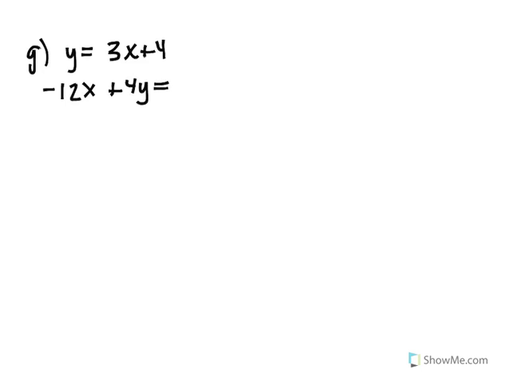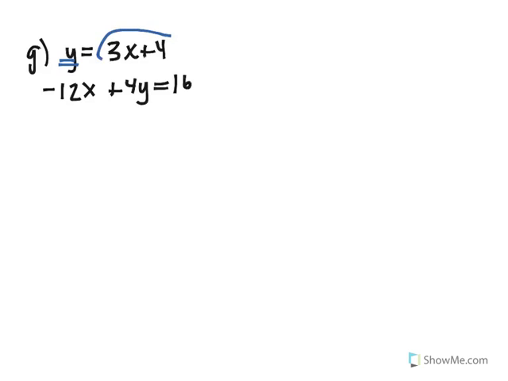And that is how you do problem F on your homework. Now, maybe you're having trouble with letter G, which is y equals 3x plus 4 and negative 12x plus 4y equals 16. Notice that this is actually one less step from the previous problem because I already have one of my variables solved for. I have a y equals.